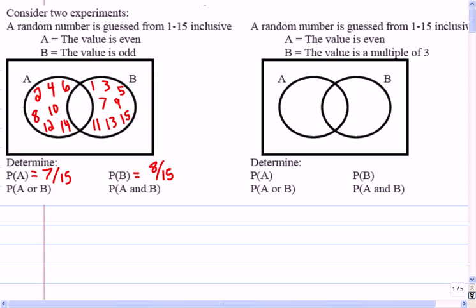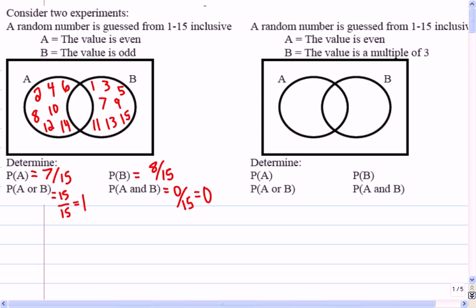How about the probability of A and B? 0. Yeah. So this basically says this is impossible. What about A or B? 1. Yeah, all items are in there, so 15 out of 15. So you're guaranteed, this is certainty, that you're going to be A or B.